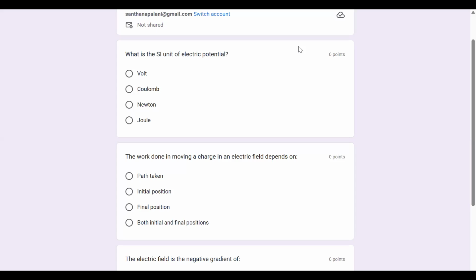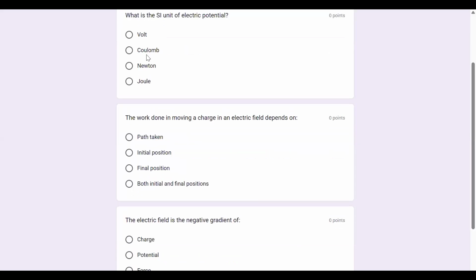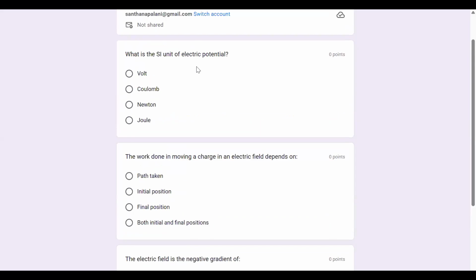So first question: what is the SI unit of electric potential? Already you know the electric field and the electric potential. So what is the SI unit? Think about it. If you know the answer, you can message me via the chat box.